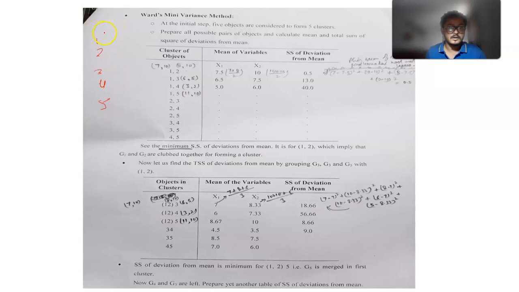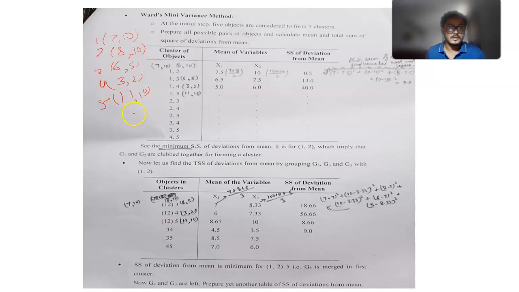The first value is 7 comma 10, the second is 8 comma 10, the third is 6 comma 5, the fourth is 3 comma 2, and the fifth is 11 comma 10.